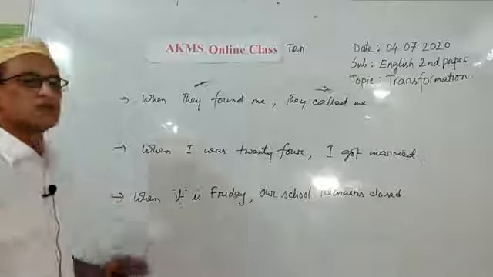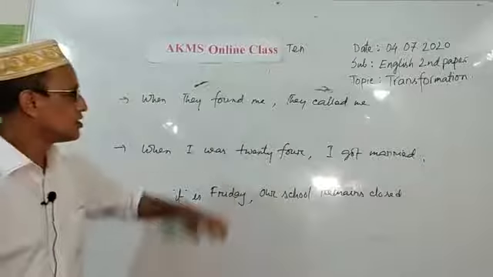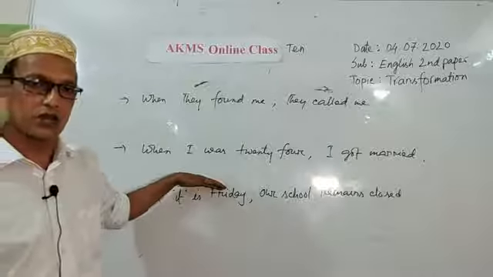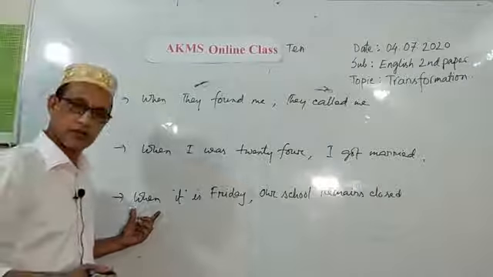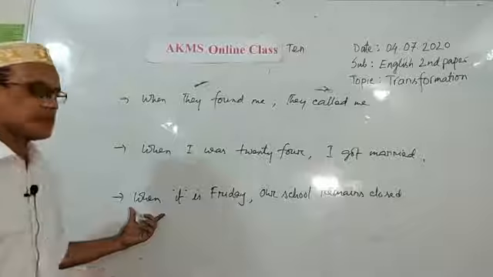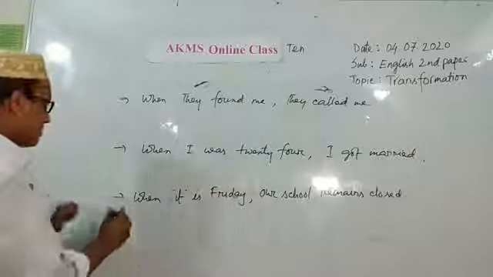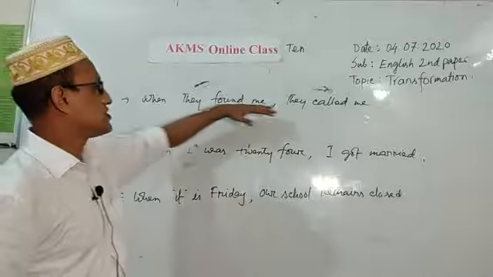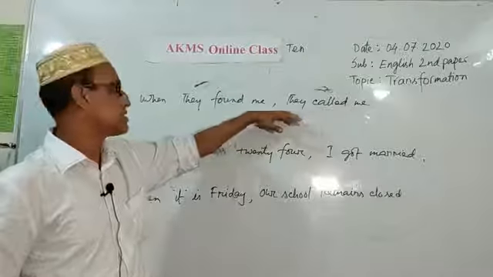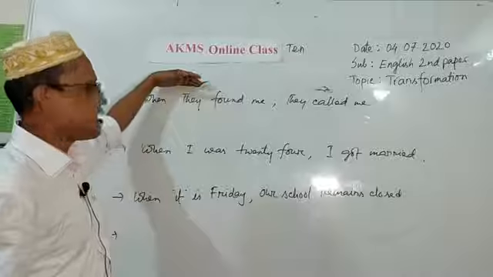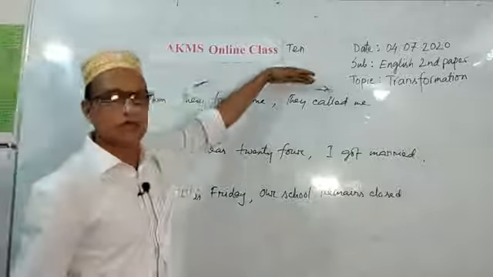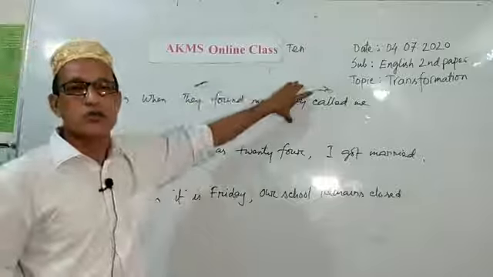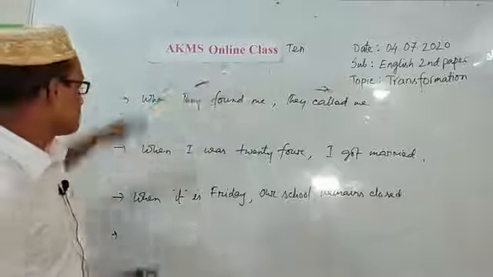Dear students, you can clearly identify that these three sentences are combined with the conjunction when, and when indicates time. Here, you can also identify that the subject of both clauses is the same. Here I have used they, and here they also. The subject of the two clauses is the same.